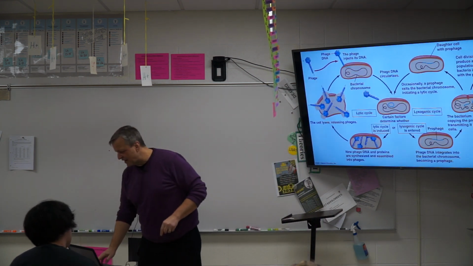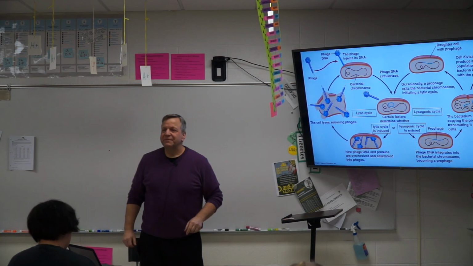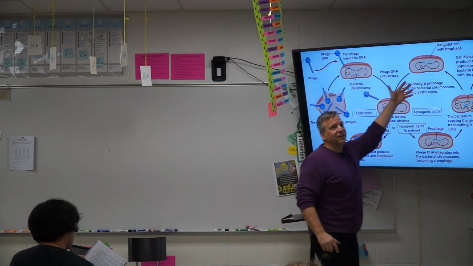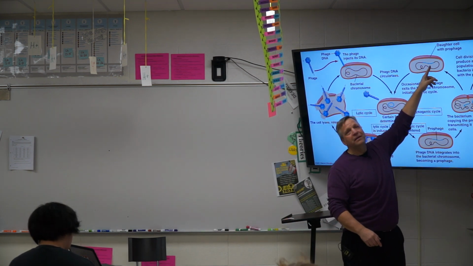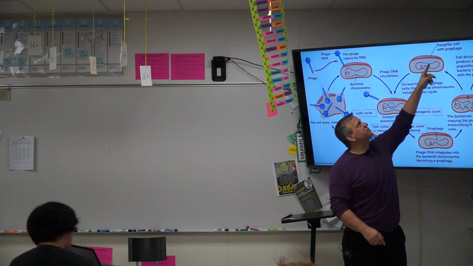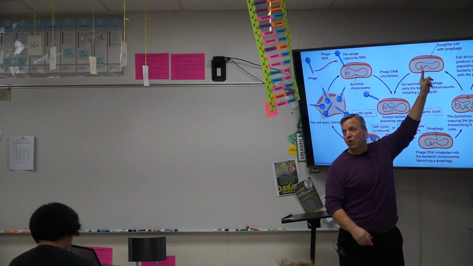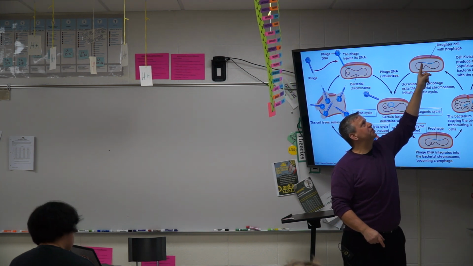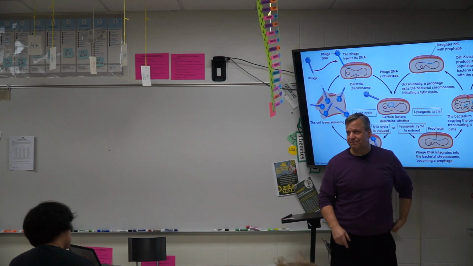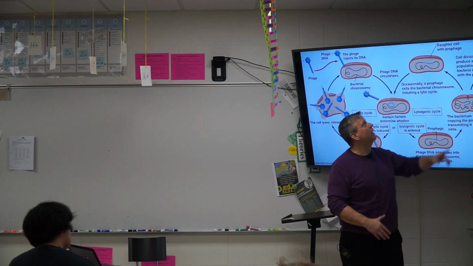And that's the lysogenic cycle. In the lysogenic cycle, now we're on this side, that viral DNA inserts itself into this cell's genome. So it merges, it becomes what's called a prophage, or prophage if you can say it however you want.